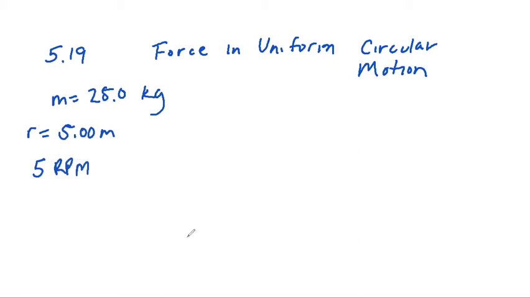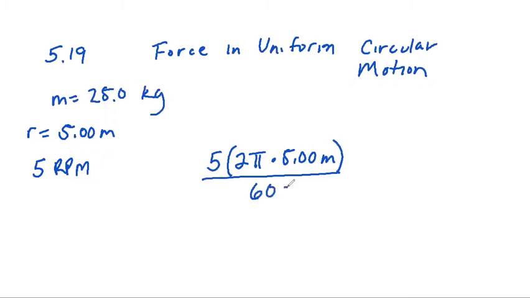All right, I need to know the velocity. So I'm going to do 5 times 2 pi r, times 5.0 meters. That's 5 revolutions, that's the distance, per minute, which is 60 seconds. So I need to know that speed.